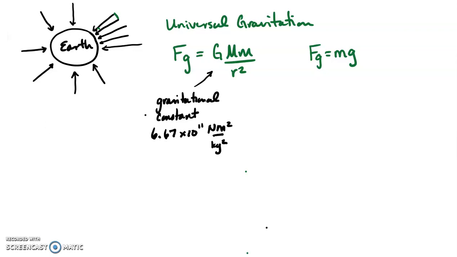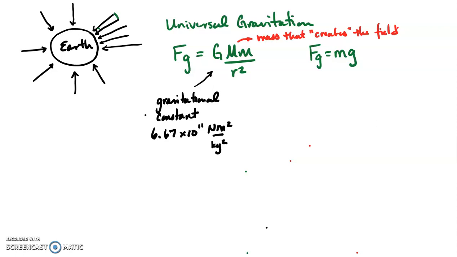All right. Then we got some other pieces of this puzzle here. This big M is the mass that creates the field. So this would be like the Earth versus something else.